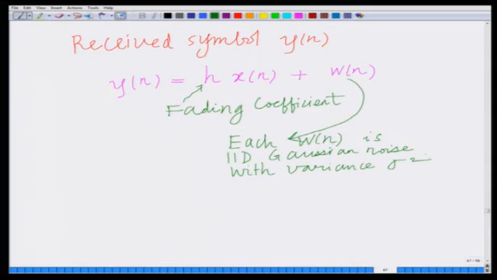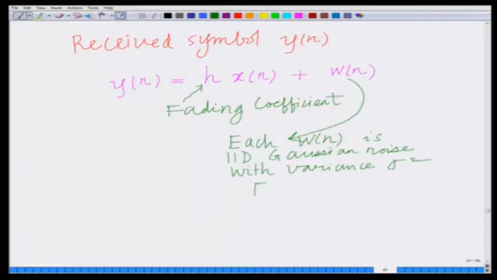So, yn equals h times xn plus wn, where xn is the transmitted symbol, and wn is the independent identically distributed Gaussian noise sample with 0 mean and variance sigma square, that is, expected magnitude Wn square, or the power of the noise, is equal to sigma square, and also the noise is 0 mean.